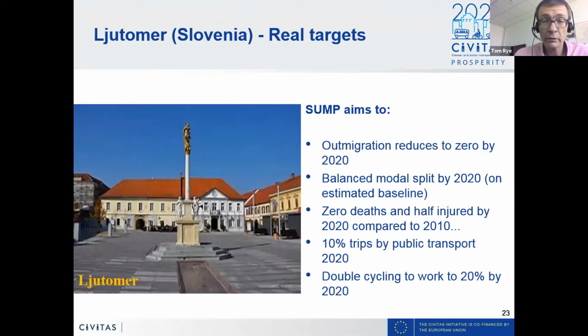So cutting out migration, making sure that the city attracts people to live there, and a balanced modal split, balance being between car and active travel and public transport, a road safety related target, and some specific mode share targets about public transport and cycling to work. And the data gathered is from very small scale surveys.